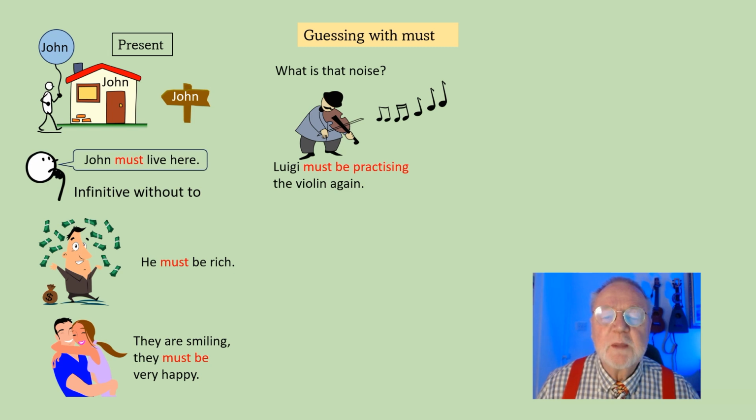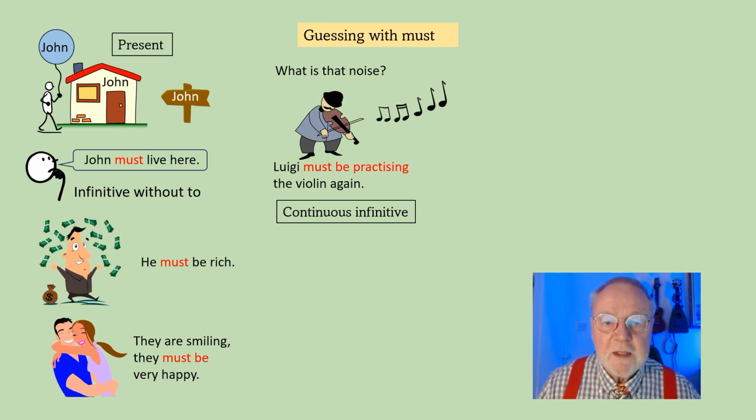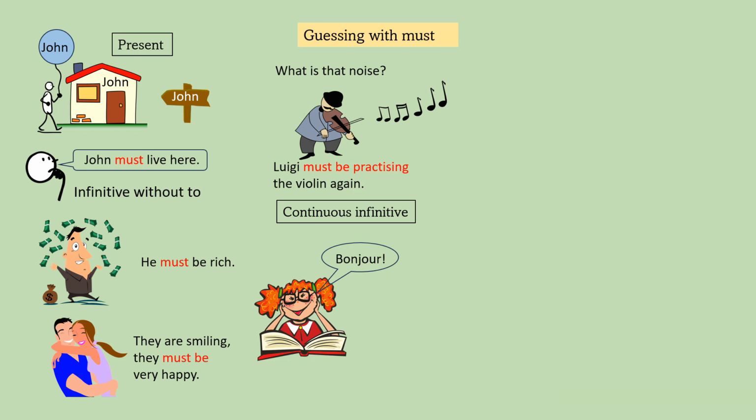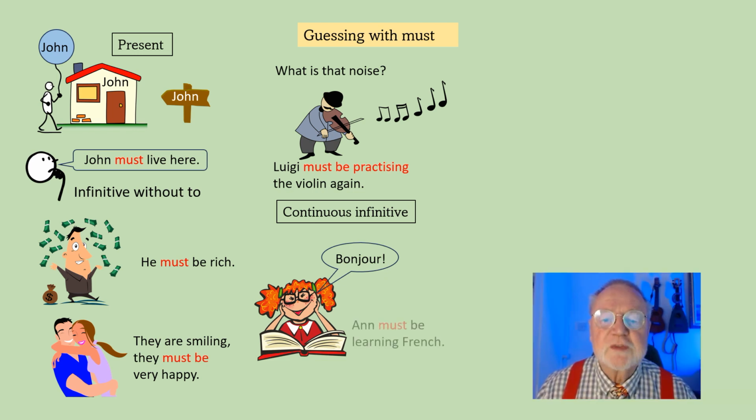Luigi must be practicing the violin again. Here we have a different tense. It's the continuous infinitive. I'll say again, must is not followed by to, so be practicing is a continuous infinitive. Bonjour! Anne must be learning French is another example.